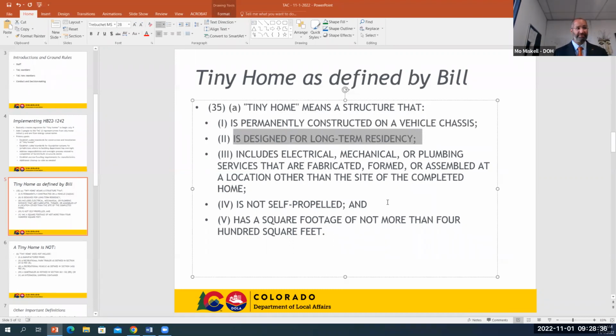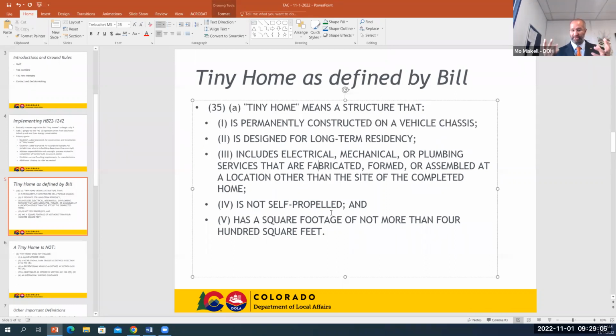Unlike a current IRC Appendix Q home, sorry, it's not in this definition. Unlike that, this product that we're striving for is going to be able to be on a permanent or temporary foundation. So similar to a HUD code manufactured home as well. So there's going to be more flexibility here.